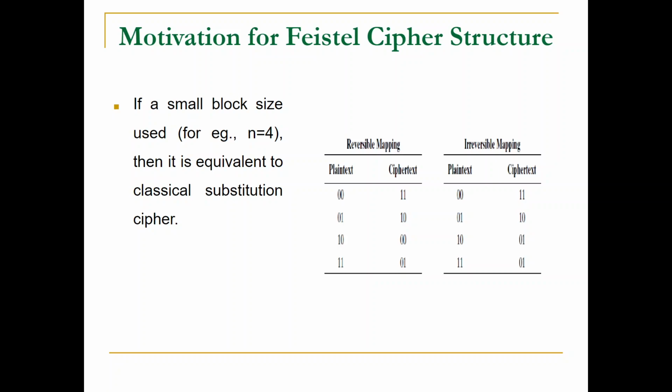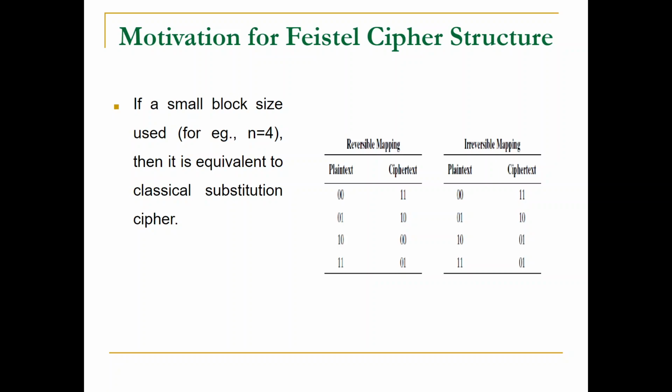If it is not reversible, then you can see here the ciphertext 01 can recover either the plaintext 10 or 11. That is the problem with irreversible mapping. So we need a reversible mapping so that we can recover our plaintext properly.